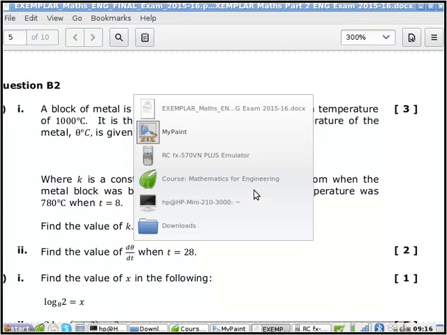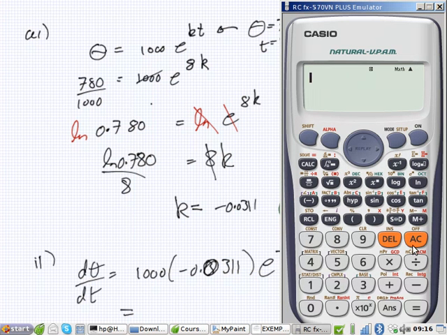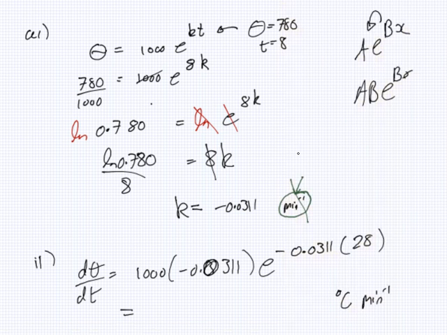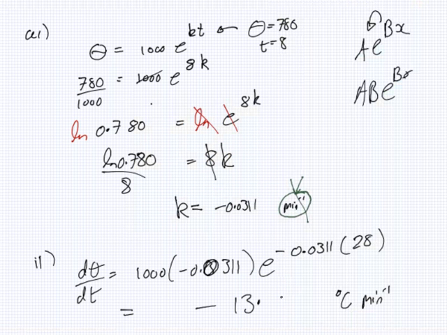So if I just take out the old calculator here, it's going to be 1000 times my k times e to the power of minus my k times 28. And minus is there for a reason, and it'll be minus 13.0 if I round to 3 significant figures.